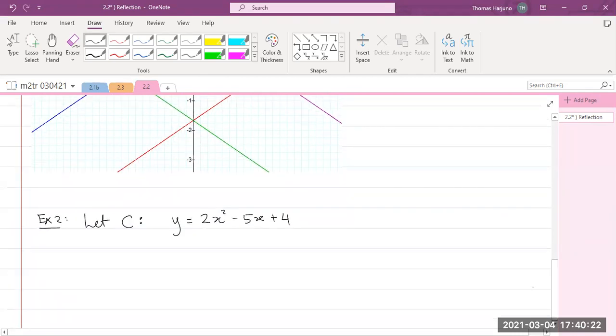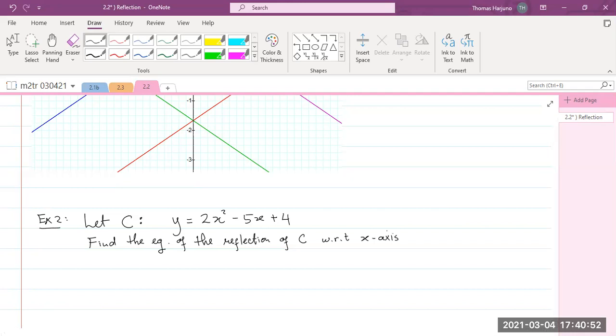I don't know what that looks like, but find the equation of the reflection of C with respect to the x-axis. And that gives us the idea of what we will do in future. If you reflect with respect to the x-axis, what do you change?